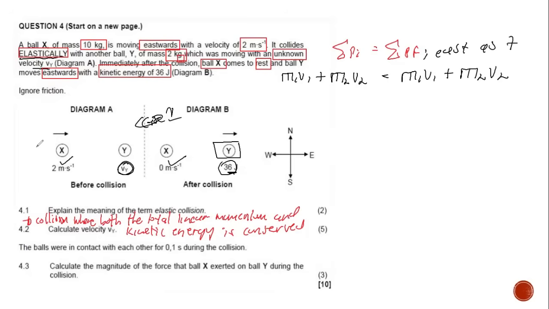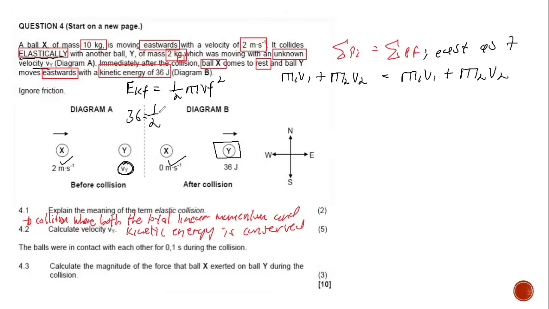That means we would need to first calculate the final velocity. So EK final first, and this is half m Vf squared. From here we can calculate the final velocity because we do have the EK final for ball Y, and then just substitute it in here. Then we have half. What is the mass of ball Y?